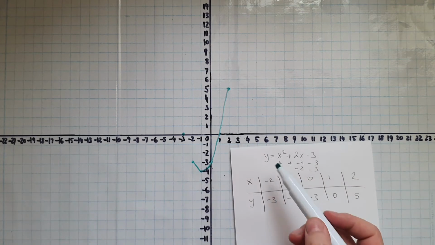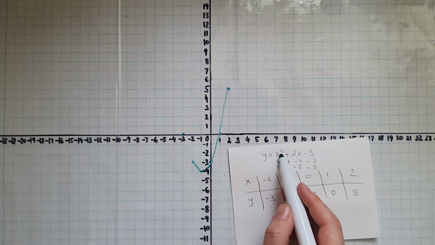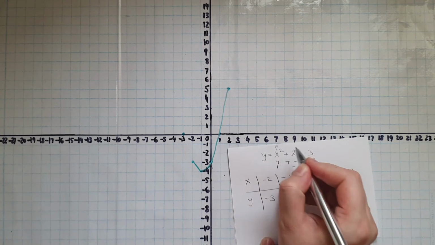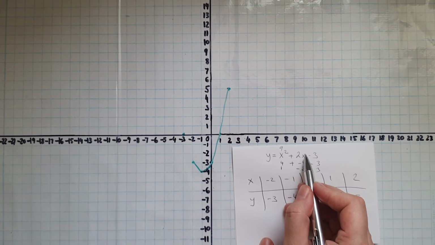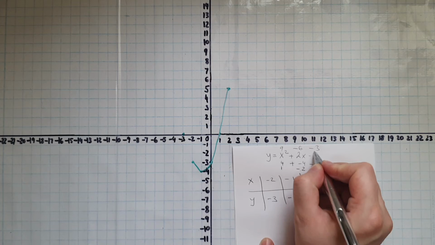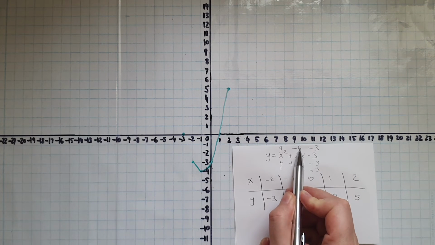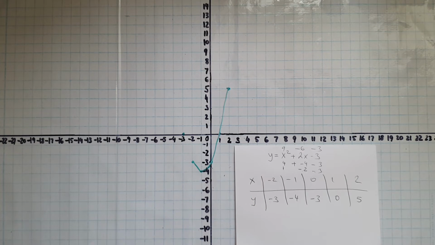But let's just work it out. So -3 times -3 is 9. Add -3 times 2, that is -6, and then take away 3. So 9 take away 6 gives us 3, take away 3 gives us 0. So we've got it there.